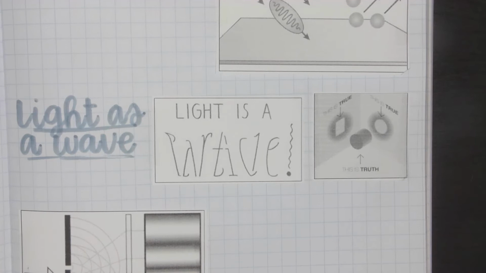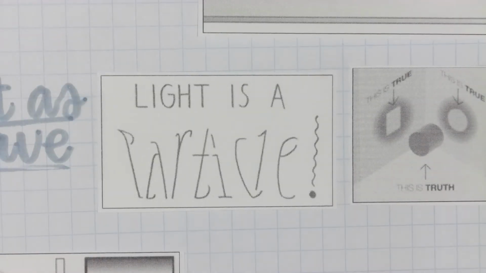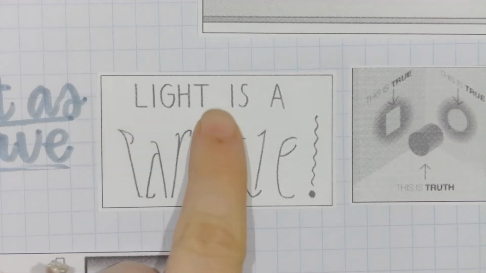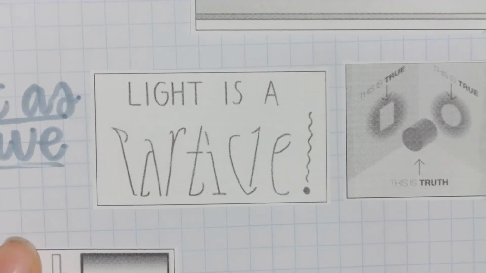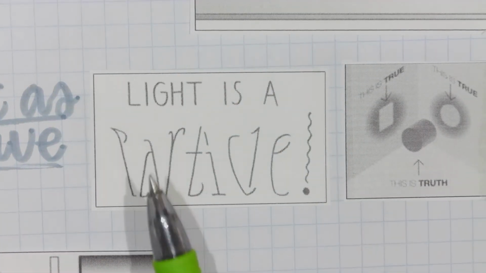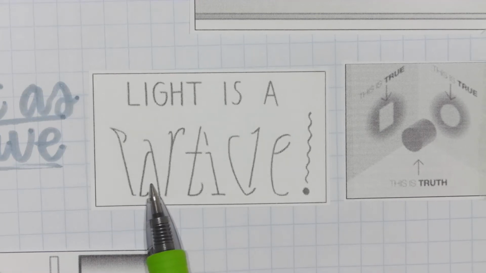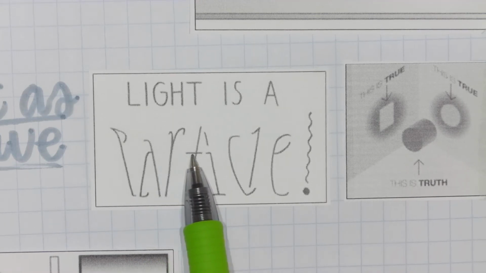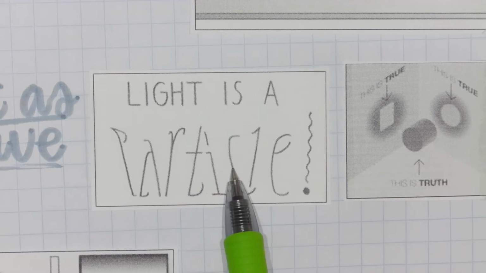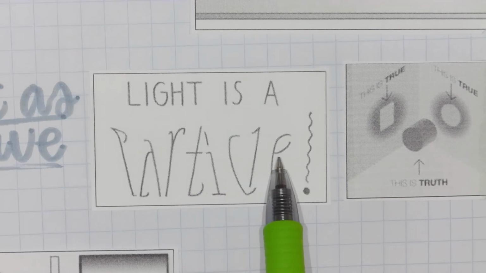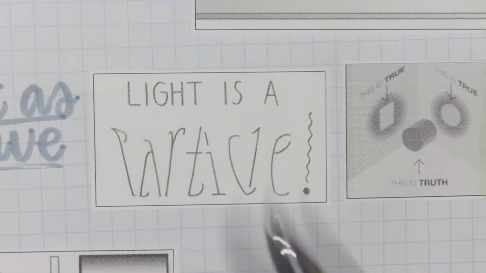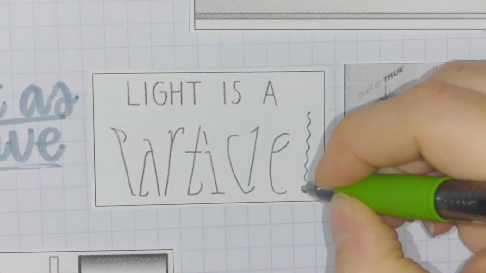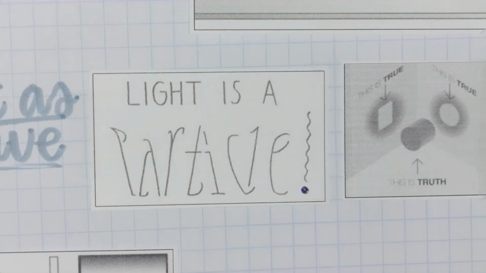Okay, so here's a really cool, I don't even know what to call it, image. Light is A, and then if you're looking at it this way, P-A-R-T-I-C-L-E, particle, and then it's got a little particle dot here on the bottom.